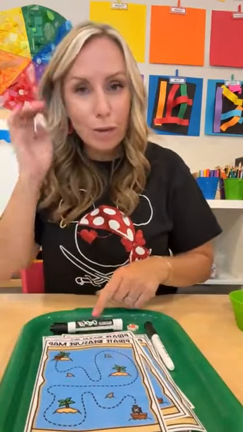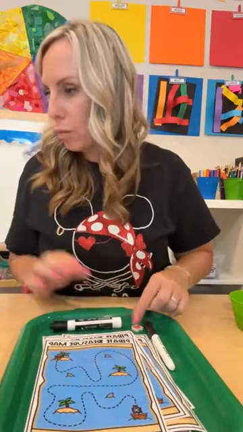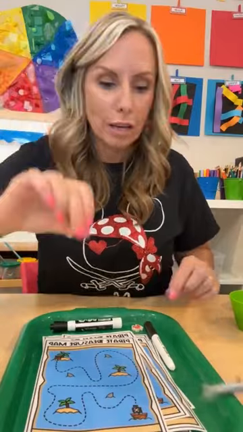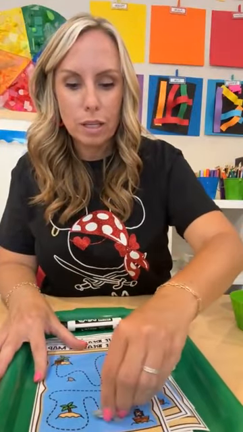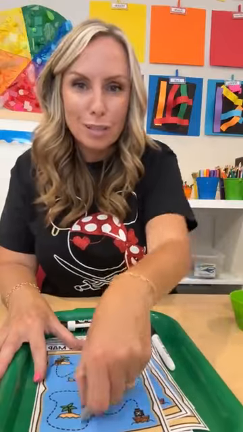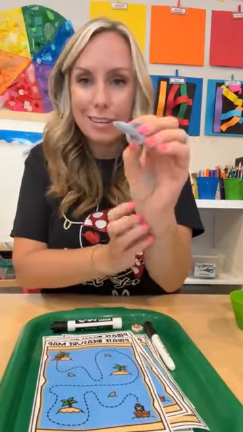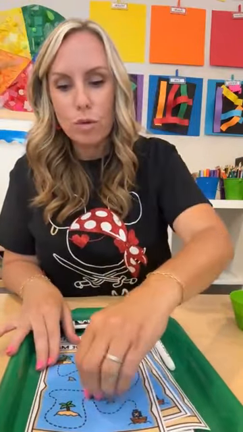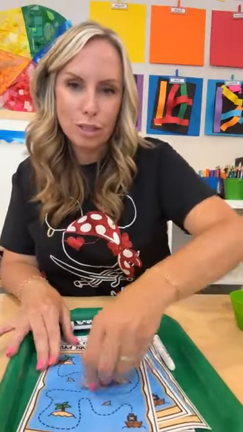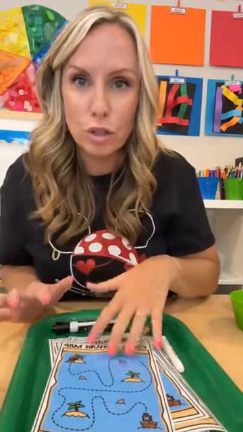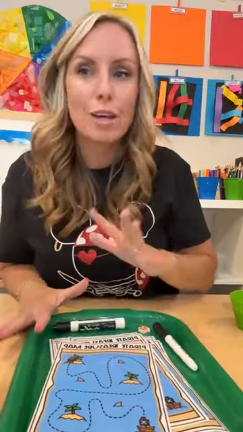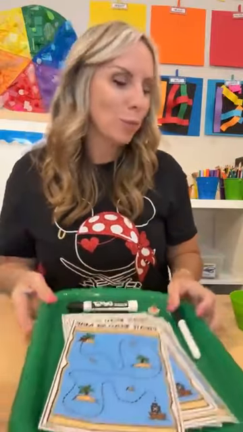You could do dry erase markers, pom-poms, or little animals. When they do these, sometimes they don't move them as much and don't twist their wrists as much, but these work too. They can move and swim to get to the treasure. So fun. And again, these are linked, so make sure you go grab these. It's a freebie. You just put in your email and we will send them to you.